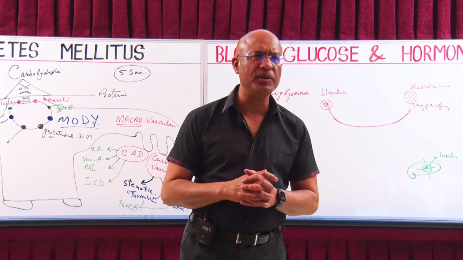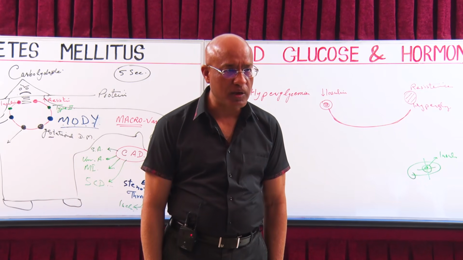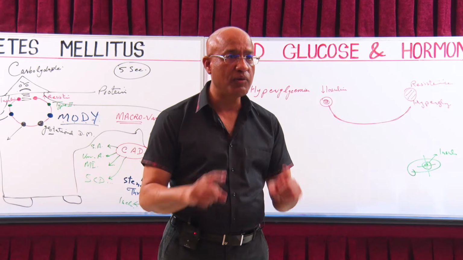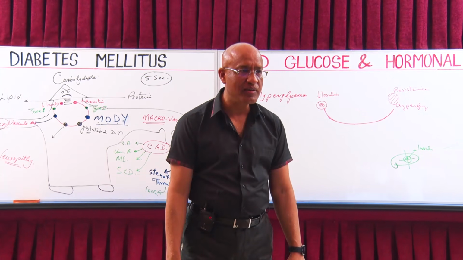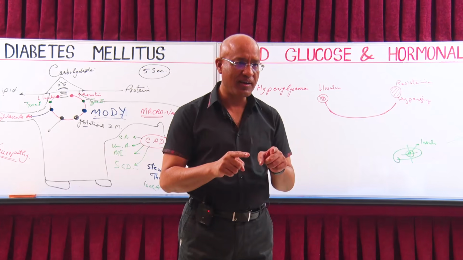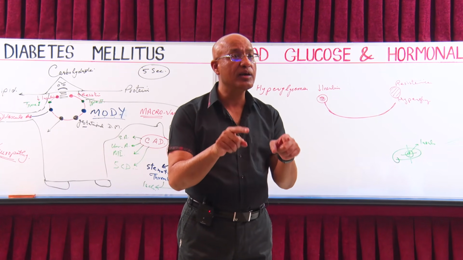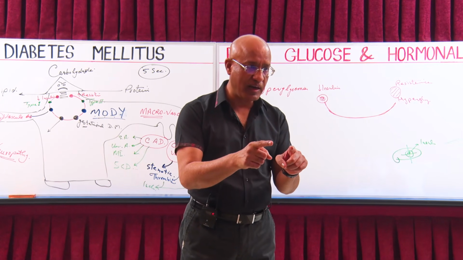And here I must mention that when we talk about the neuropathy of the foot, and we talk about the vasculopathy, the vasculopathy is macrovascular and neuropathy is microvascular, right? And later on I will tell you, in diabetic foot there is also a tendency of increased infections, right?